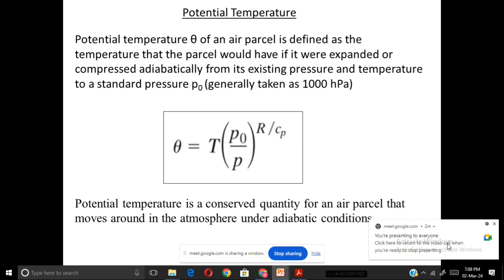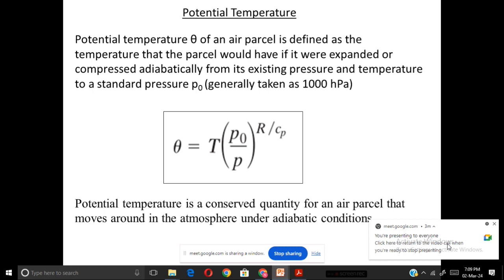The pressure decreases as we go up, so based on the height at which it is present, what we do is bring the air parcel down to the sea level and measure its temperature. That temperature is known as the potential temperature.